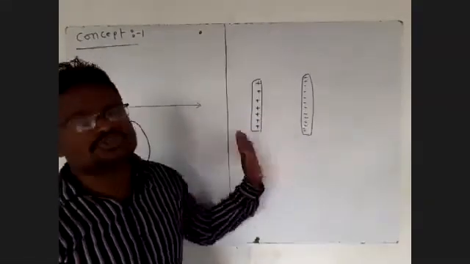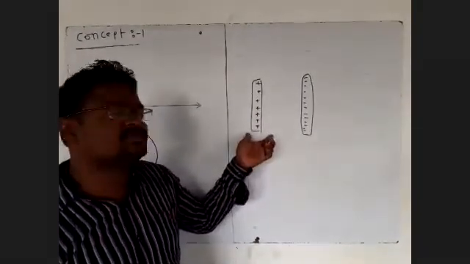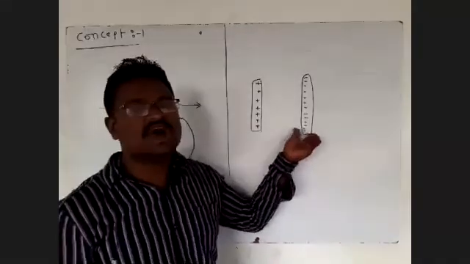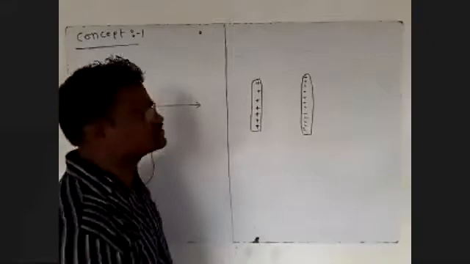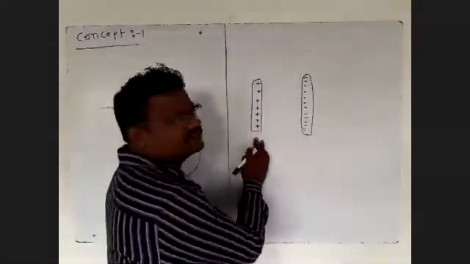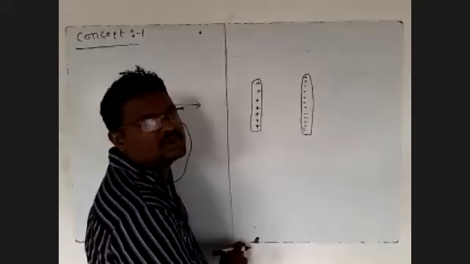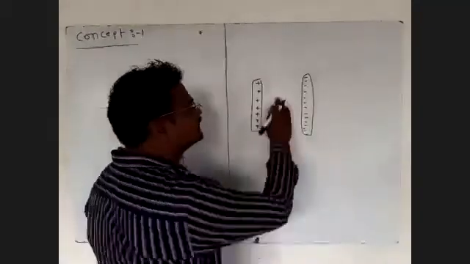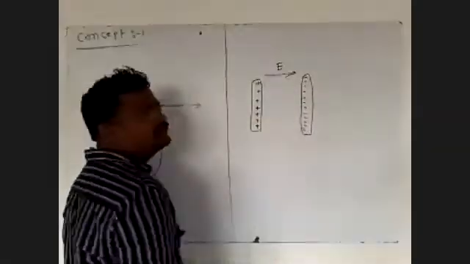Both are parallel to each other. This infinite plane sheet has positive charge, and the other has negative charge. These two parallel plates provide a uniform electric field between these regions.